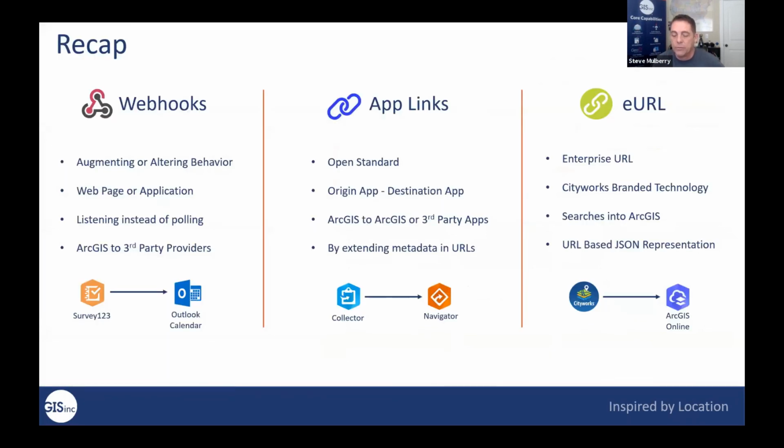You saw the example with Survey sending information to Outlook to create a new event and email. Application links are more fine-grained into native applications, talking between them within your smartphone device. And then eURL allows me to communicate from, in this case, Cityworks to ArcGIS Online or ArcGIS Enterprise, giving me direct access to that information.